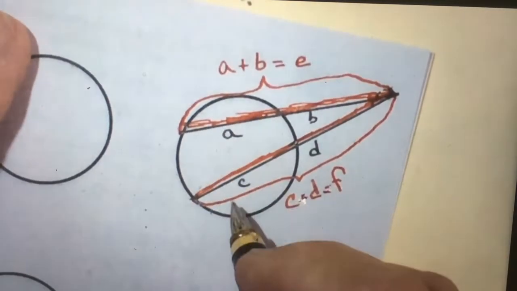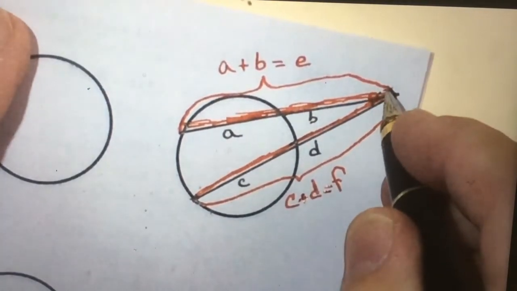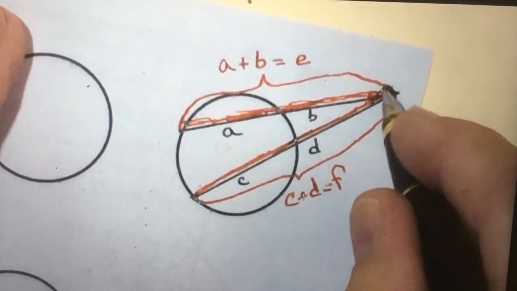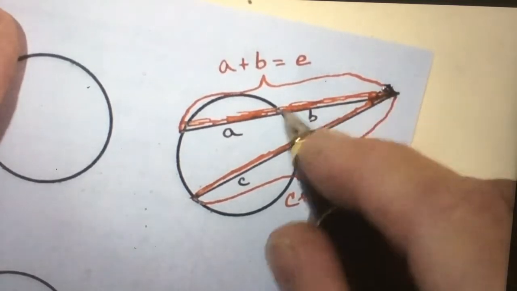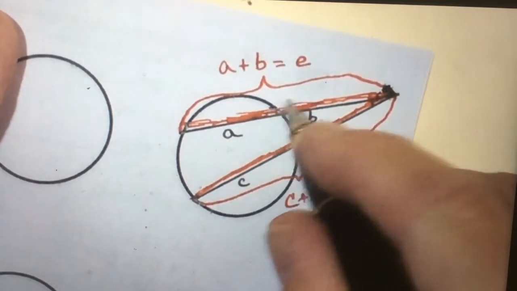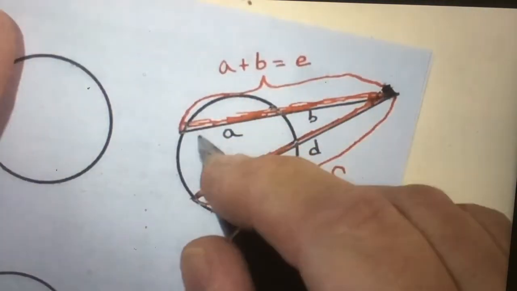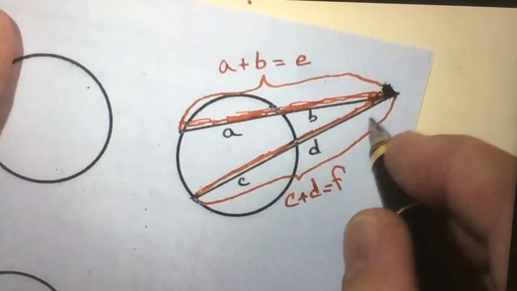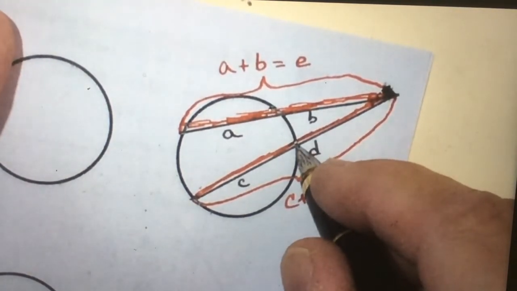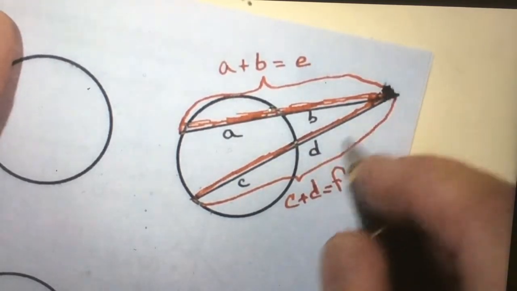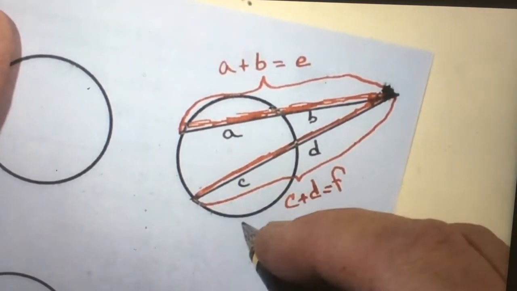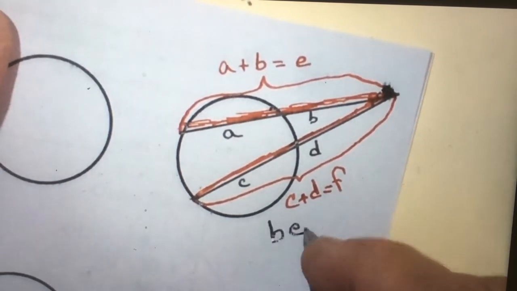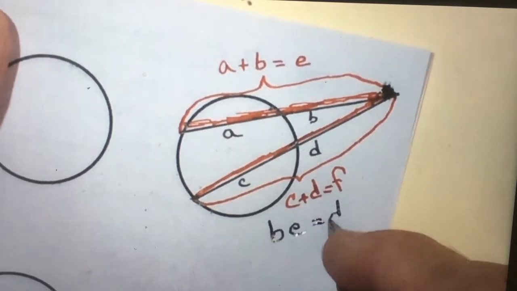Anytime this happens where you have two secants that intersect outside the circle, the length of the segment from the intersection to the circle times the whole thing of one of them is equal to the segment length from the intersection to the circle times the whole thing of the other one. In other words, in this particular case, B times E is equal to D times F.